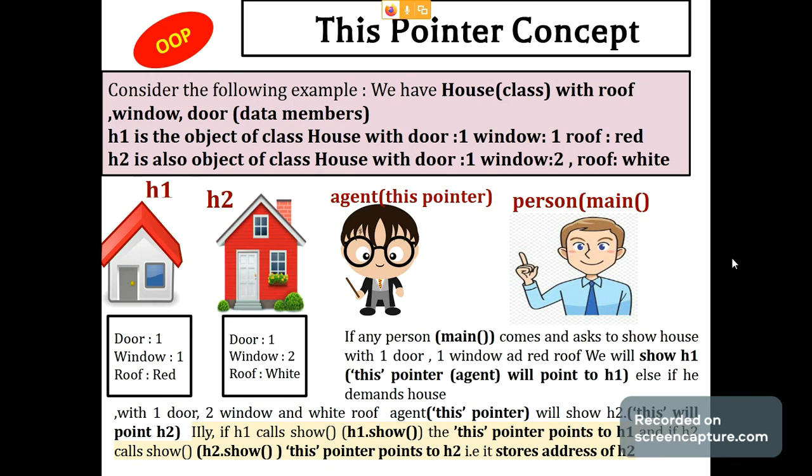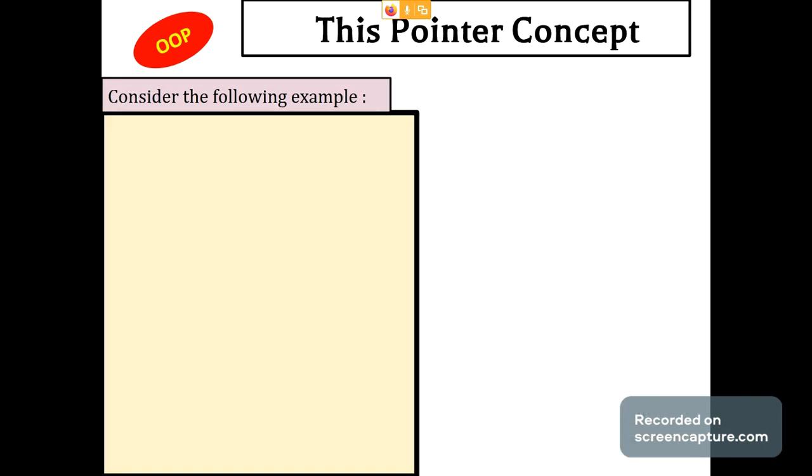This is how it works in C++. When I'm writing h1 dot show, this pointer will point to h1 as h1 is calling the show function. And if I'm writing h2 dot show, then this pointer will point to h2 as h2 is calling the show function. So this concept we are seeing in C++.